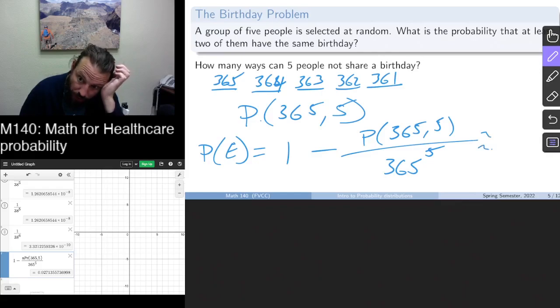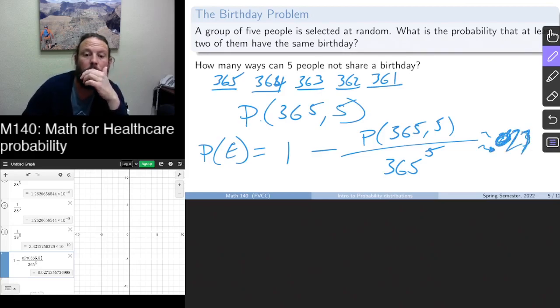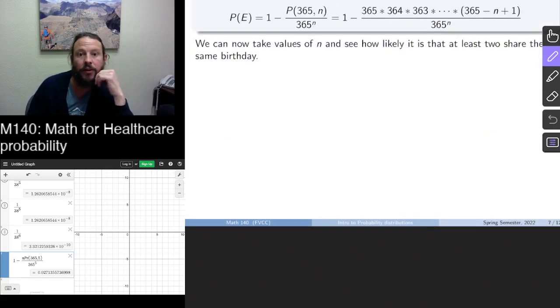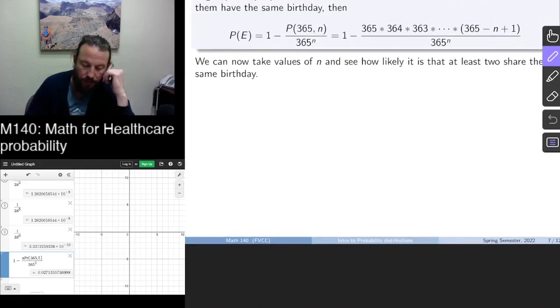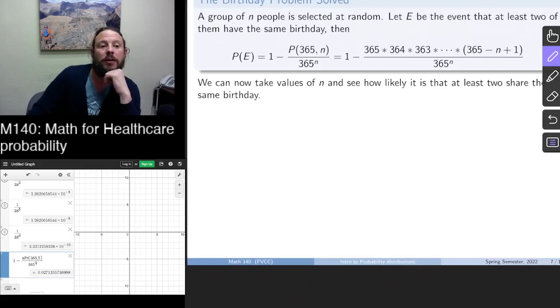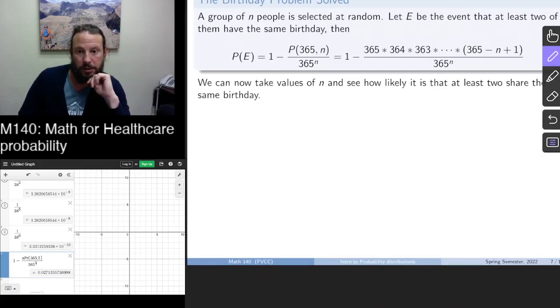So here, with only 5 people, the probability is pretty low, about 0.027. Right, so somewhere about a 3% chance. But that's a small number of people. Let's see what happens when we calculate it. I'll give you a list, but let's look at what happens as n gets bigger. This is a formula up here if you wanted to look at it for solving it in general, but I think you can put it together yourself if you're asked about it.